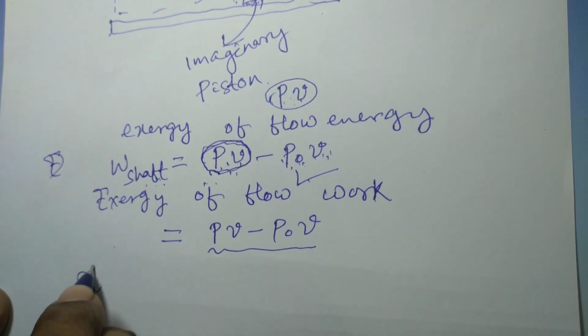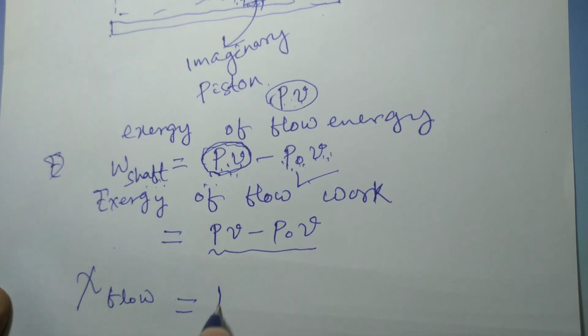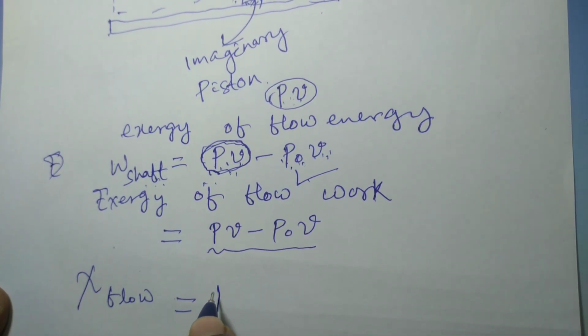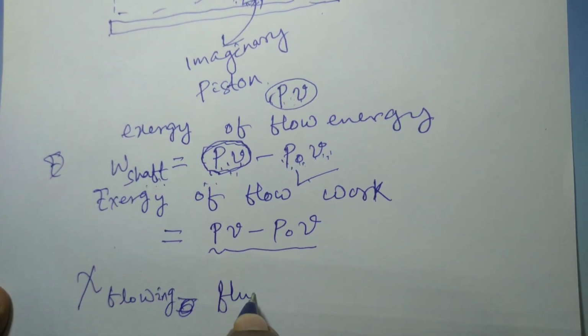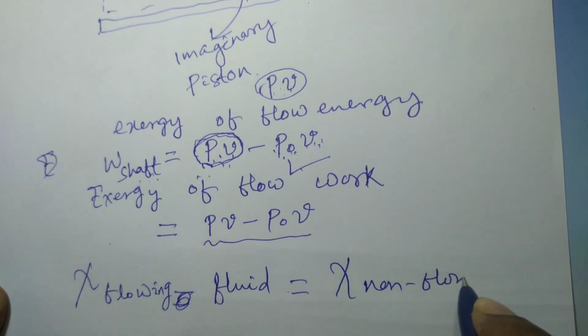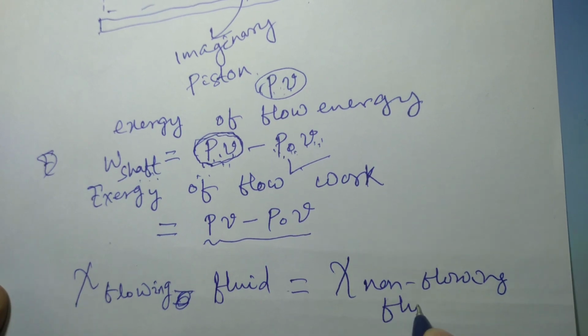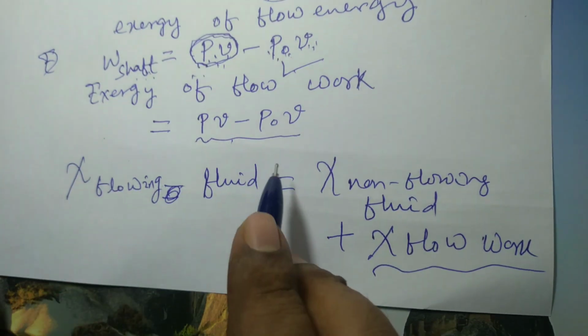So you know, mathematically you can express the exergy associated with the flowing fluid or flow process like this: exergy of flowing fluid is equal to exergy of non-flowing fluid plus exergy of flow work. Exergy of flow work we have just calculated, and that is PV minus P0V.